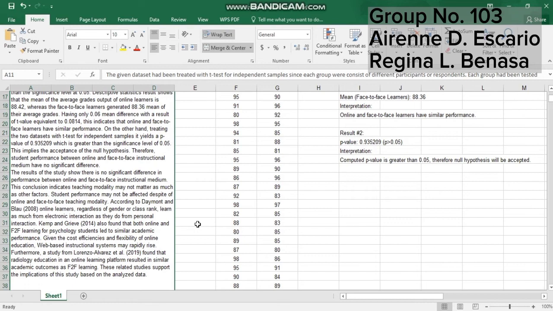According to Daymont and Blau in the year 2008, online learners, regardless of gender or class rank, learn as much from electronic interaction as they do from personal interaction. Camp and Grieve in the year 2014 also found that both online and face-to-face learning for psychology students led to similar academic performance.